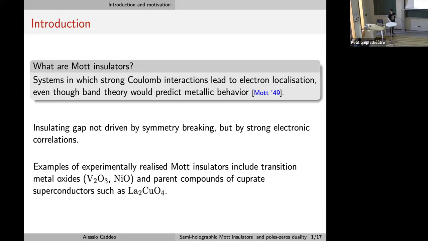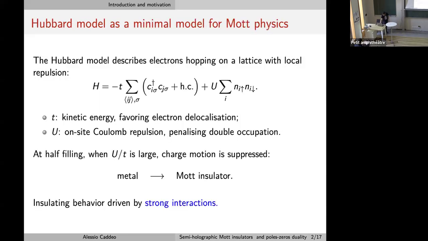So we can have half filled bands and still no conduction. These are an effect coming from strong interactions and not, in general, from some long range order. And we know that in nature there are several systems showing such a behavior, like metal oxides and compounds of rare earths.